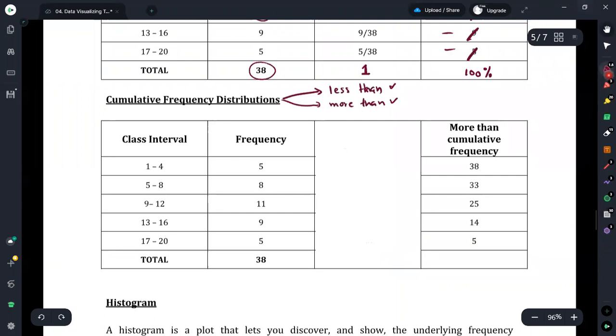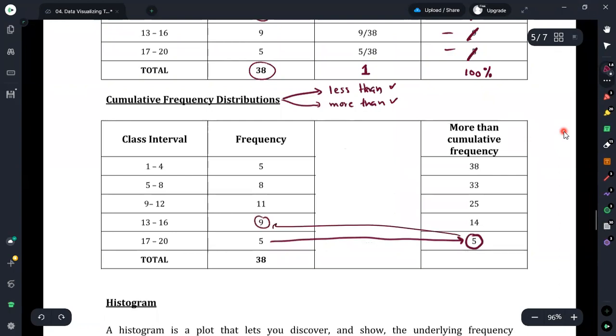Okay, now if I take the more than cumulative frequency, we have to start from the bottom. Therefore, the bottom value directly goes here. It is 5. Then this value is added to 9. Now we are adding these two values, and this gives the value as 14. That is 5 plus 9.